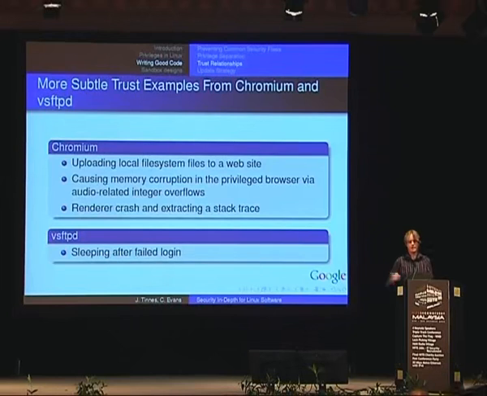More subtly, what happens if a renderer crashes? The privileged side of the browser wants to register that condition as interesting and get a stack trace out, so that we can work out what happened and fix it.